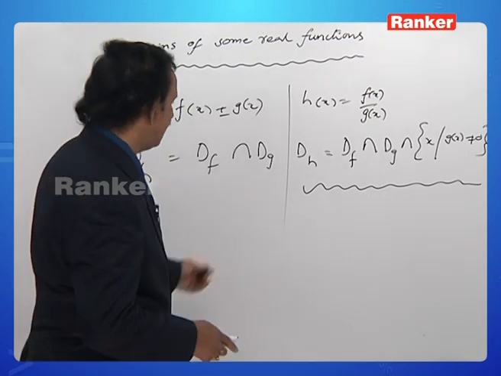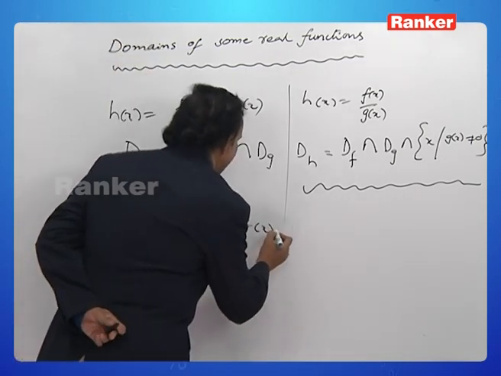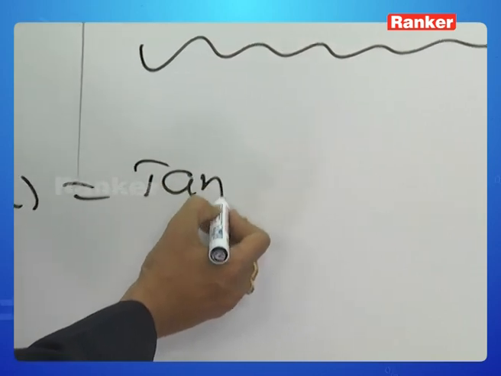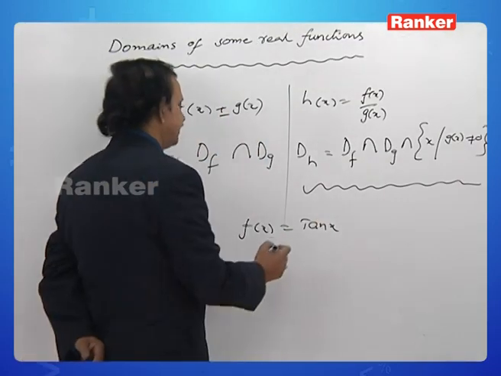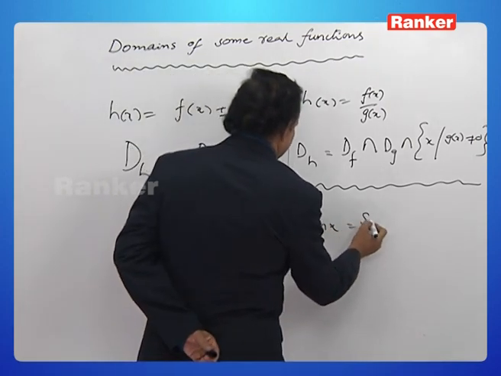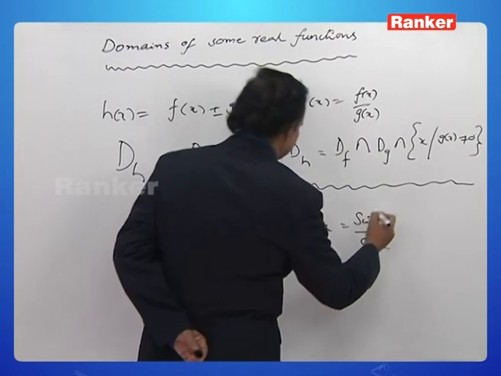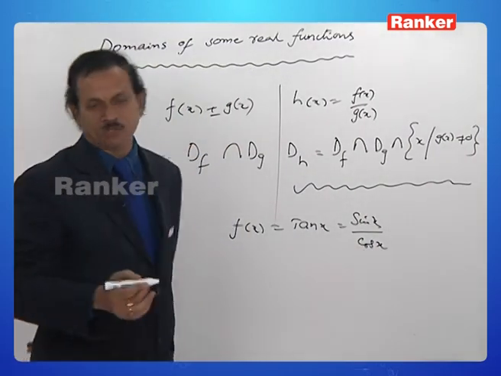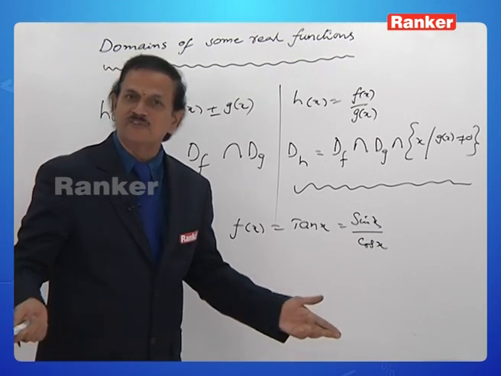As an example, let us see. f of x is equal to tan x. What is the domain of this, you are asked to find. Tan x is nothing but sin x by cos x. Well, what is the domain of sin x? The set of reals.